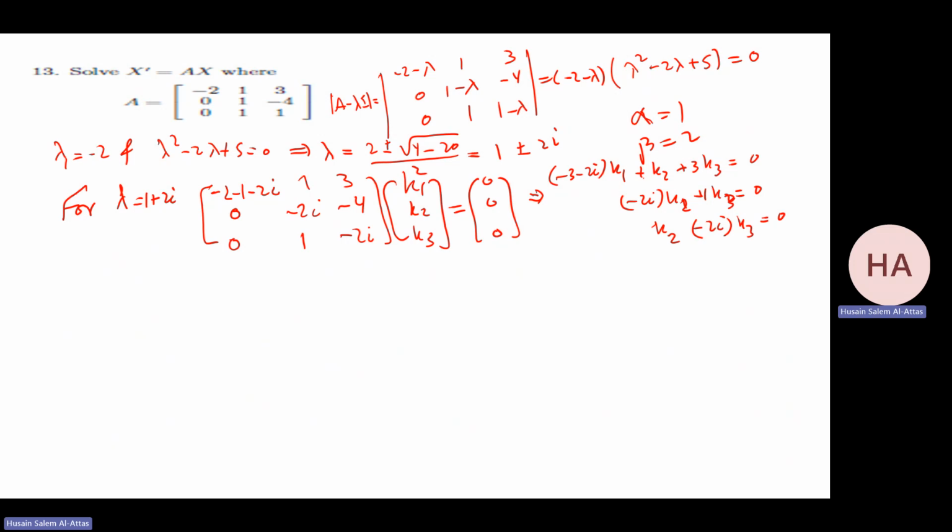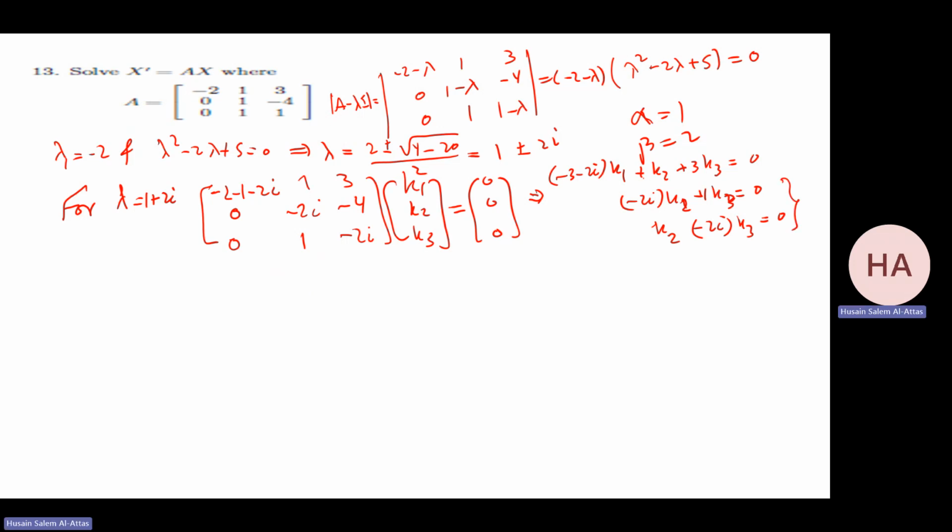Okay. Now I need to find k1, k2, k3. Notice, multiply the second equation by 1 minus 1 minus 2i, minus 4. Multiply the third equation by minus 2i. That gives me what? Minus 4. So these two equations are the same.